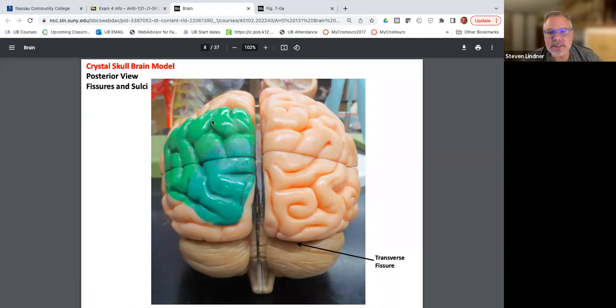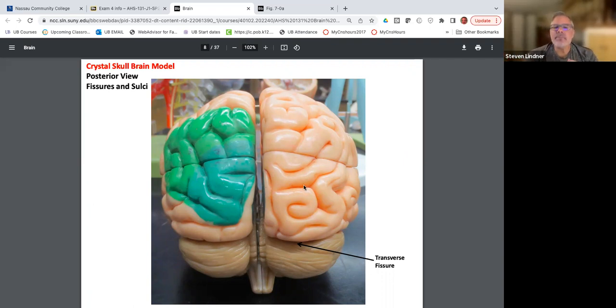So this is the occipital lobe. This is still part of your cerebrum. And then on the posterior and inferior part is another part of the brain called the cerebellum. Don't confuse cerebrum with cerebellum. They're not the same thing.